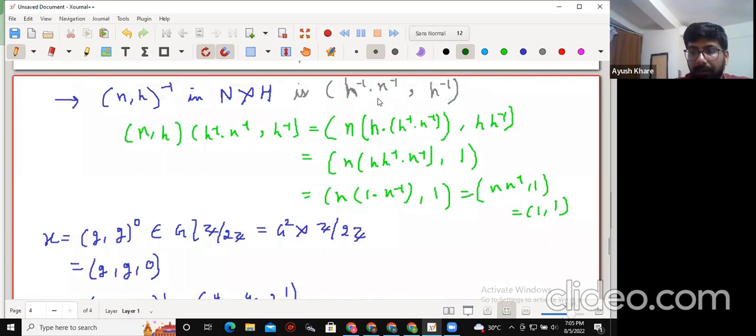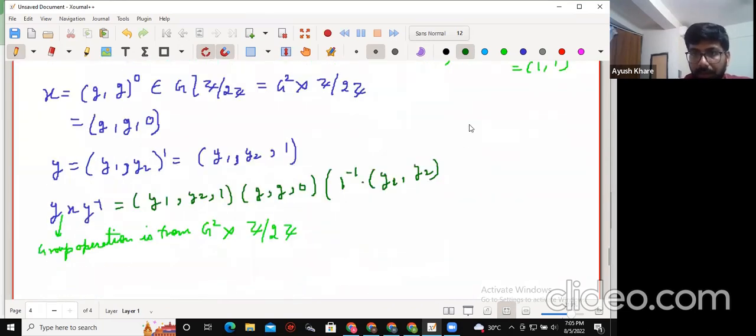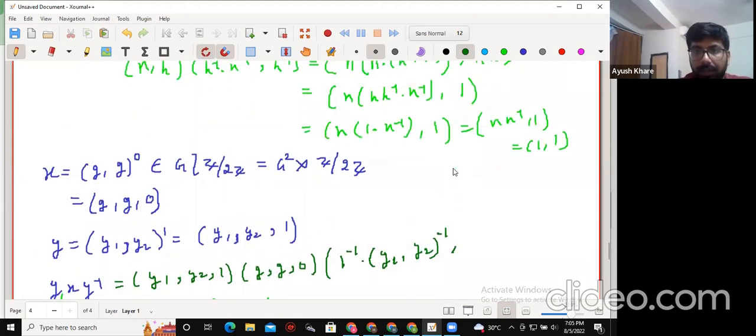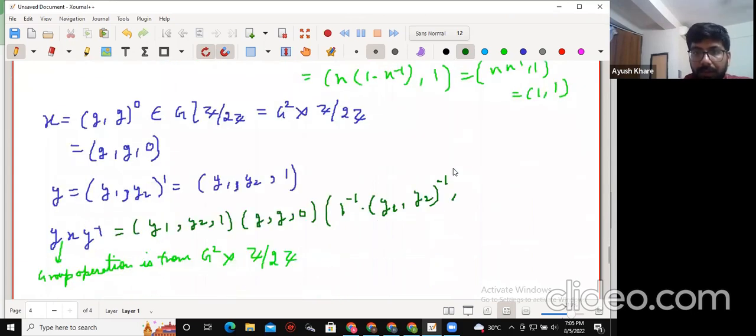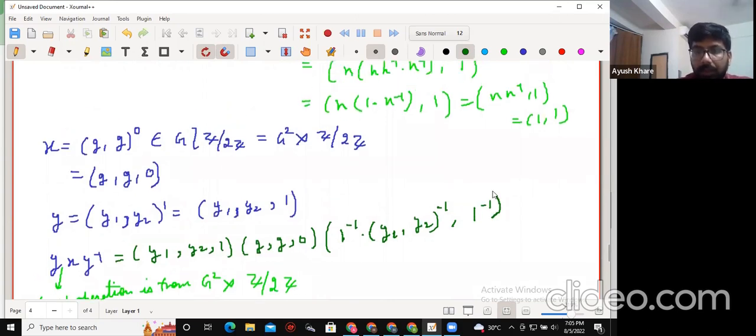H inverse dot N inverse. This inverse is in the group, and in the second coordinate it's just H inverse. So it's just 1 inverse. Okay, you all agree to that? Any confusions?